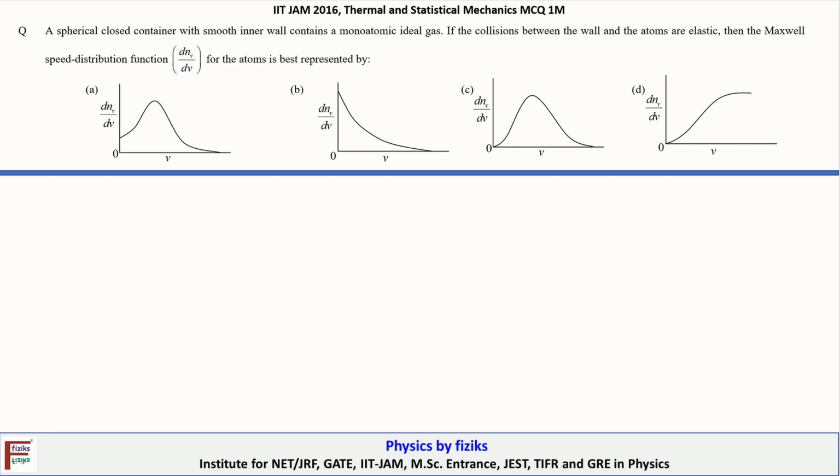So first of all, it should be clear from the statement that it's a three-dimensional speed distribution. So therefore, the expression for the three-dimensional system will be valid here.